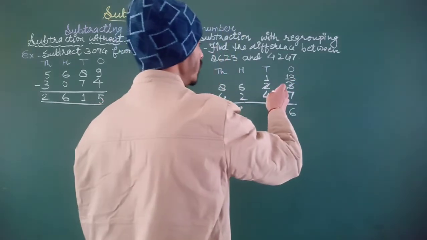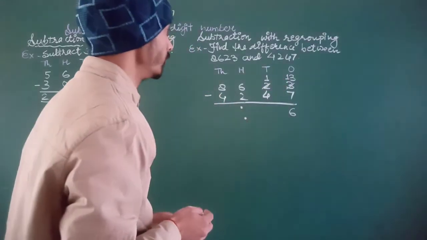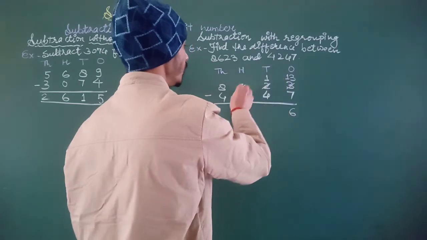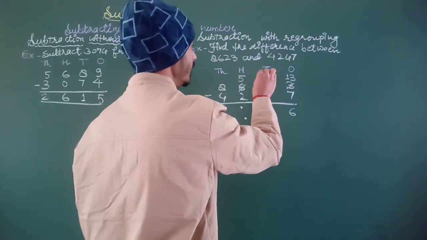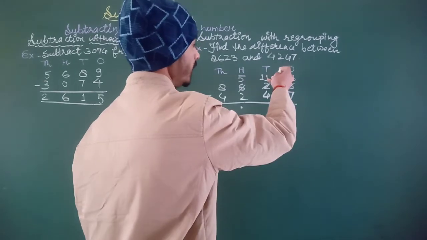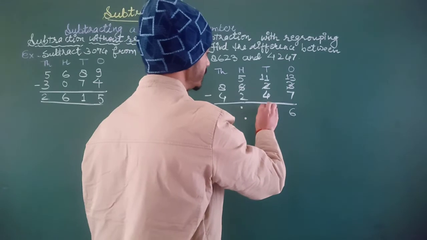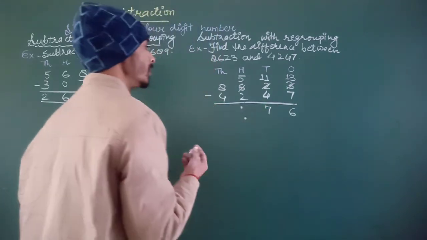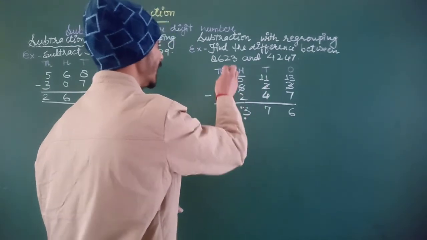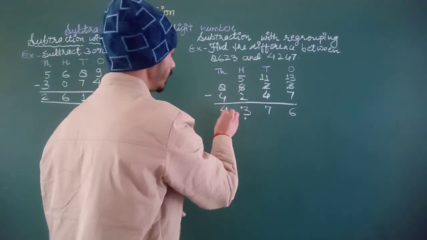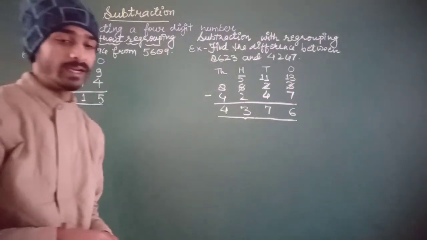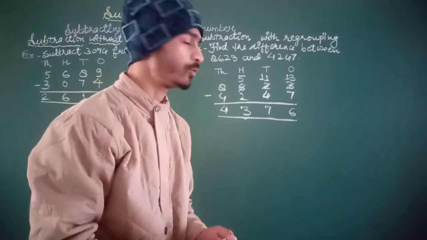And here 4 tens cannot be subtracted from 1 ten. So regroup 6 hundreds 1 ten into 5 hundreds and 11 tens. And now subtract 11 tens minus 4 tens, that is 7 tens. And now the hundreds place, 500 minus 200 is 300. And 8000 minus 4000 is 4000. So the answer is 4376.